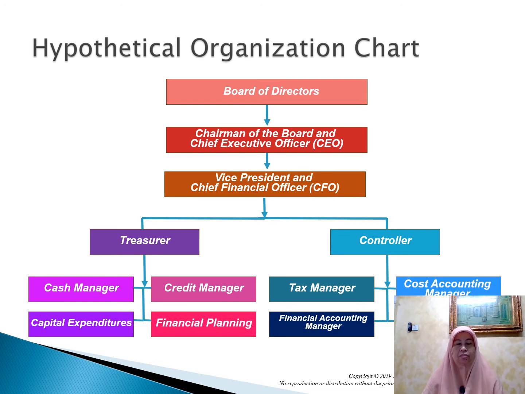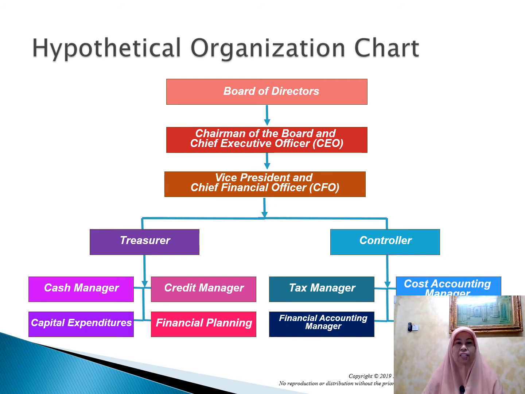Okay, so the management team consists of the financial officer, the treasurer, the controller, the administrator, and the operation manager, which we sometimes call the COO, Chief Operation Officer, CAO, Chief Administration Officer, or CFO, Chief Financial Officer.